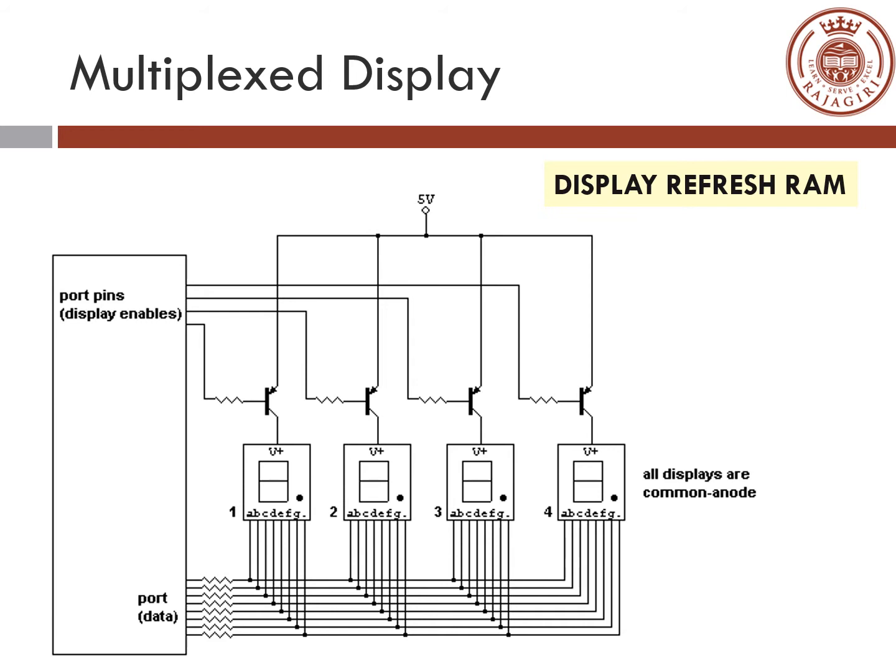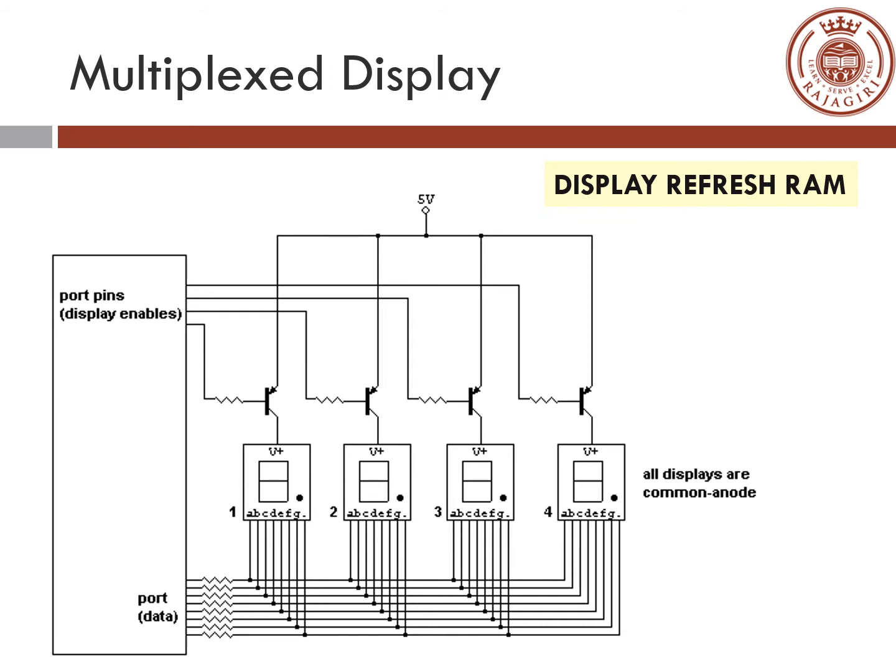From a RAM, the encoded values to display the necessary characters are sent out one by one on the data port at the bottom. So when the characters for the first LED is sent, the first LED is turned on by sending a high value to the transistor.